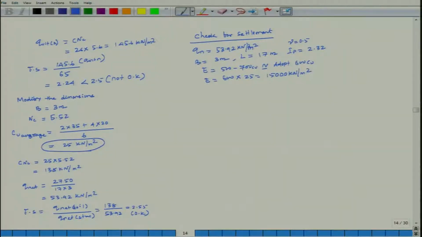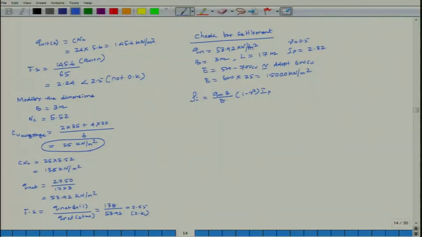Now, find out immediate settlement. So, immediate settlement rho I is equal to Qn into B by E into 1 minus mu square IP. This I have discussed at the very beginning in the settlement classes, you can recall, you can check.